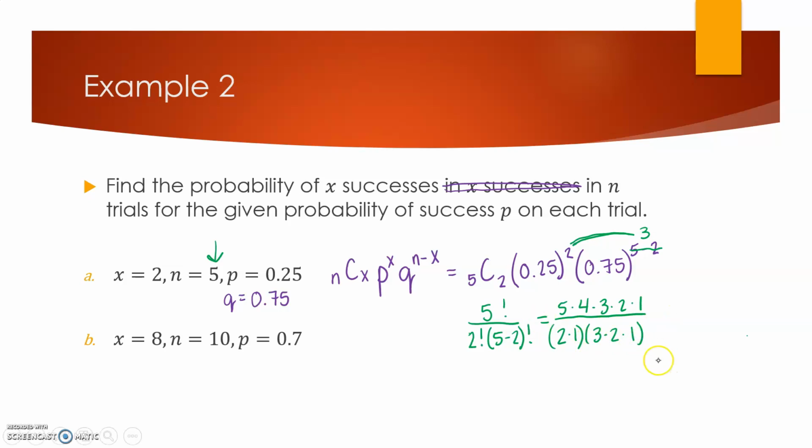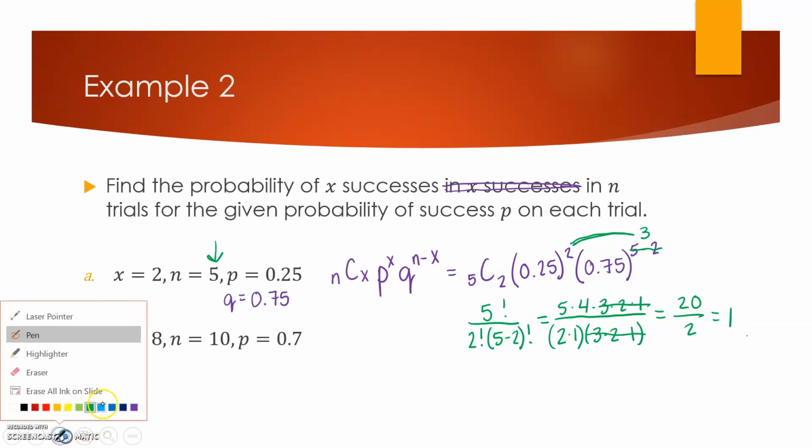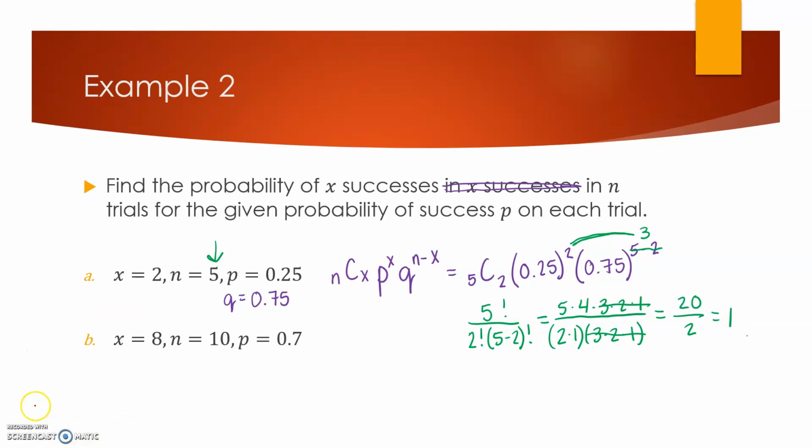If you want to multiply all that out, you can. Since these are being multiplied, I can also simply cancel these out. But if you want to multiply the numerator and then divide it by the denominator, that's fine too. What I'm going to get is 20 divided by 2, which is 10. So that's for the 5 choose 2.